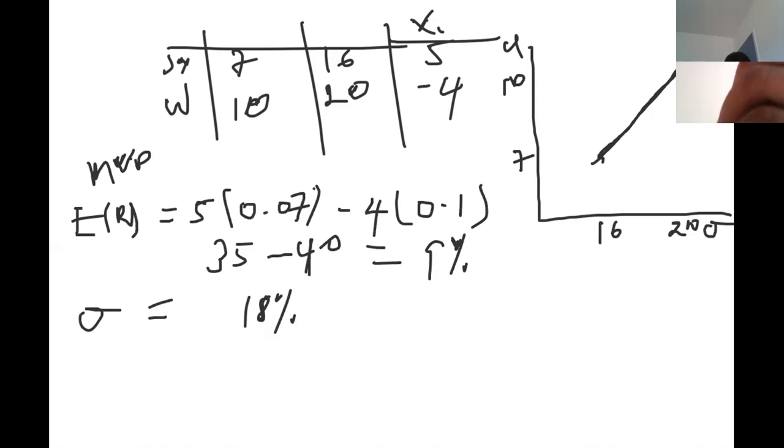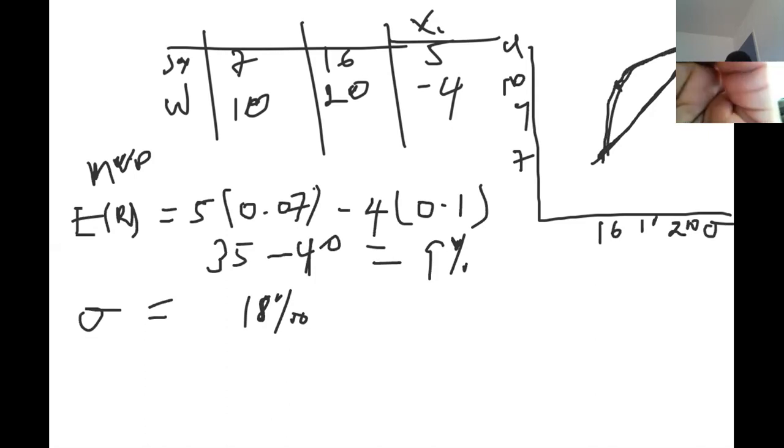The 9% will be here, and then the 18% will be in between. So when they are around this, I'll just join it like this. Then this becomes the efficient frontier. So from this point up to this point becomes the efficient frontier. Is it okay? Yeah.